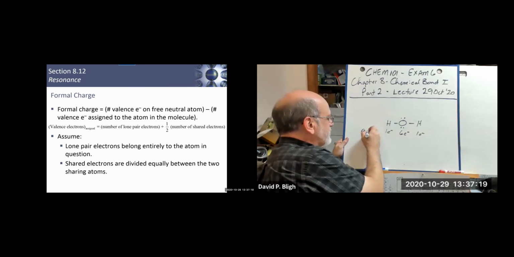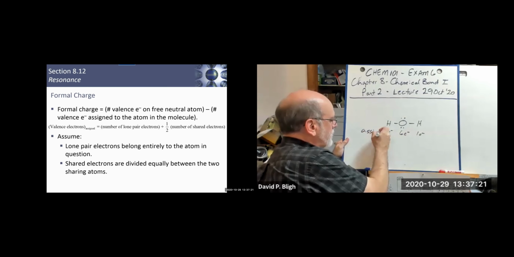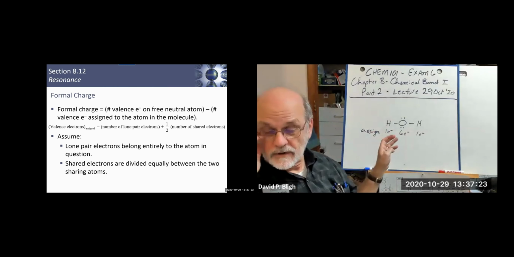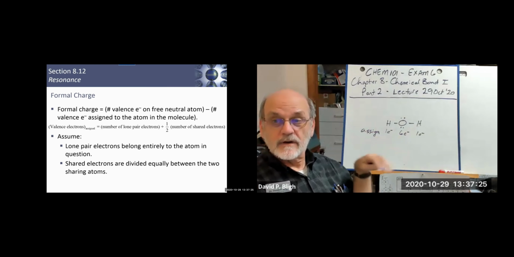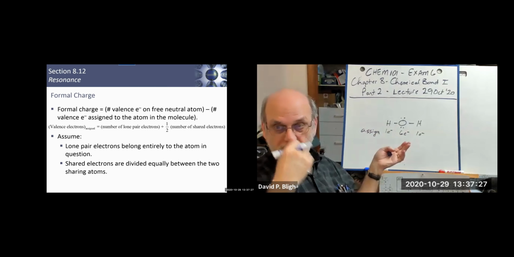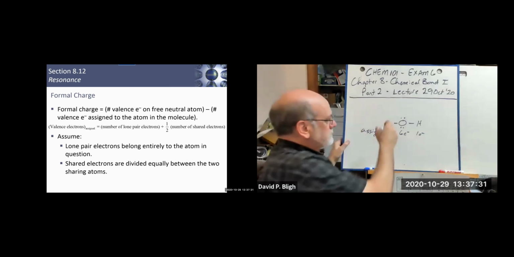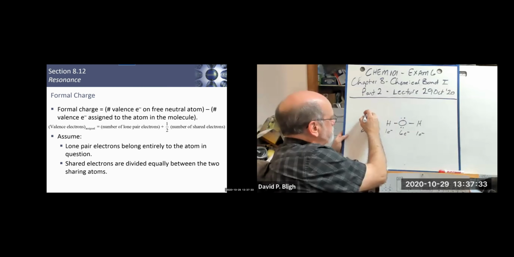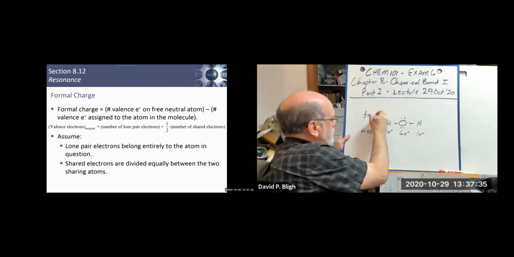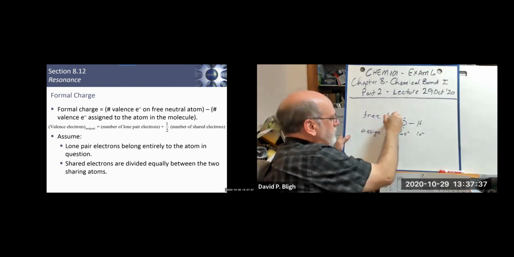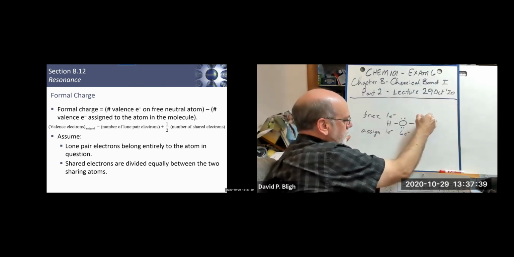Those are the assigned electrons in the molecule. Now, how many valence electrons do we have in the free atoms? Well, hydrogen only has 1, right? So the free number is 1 and 1.